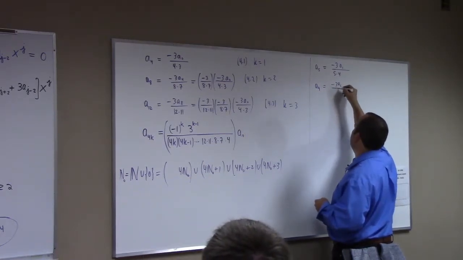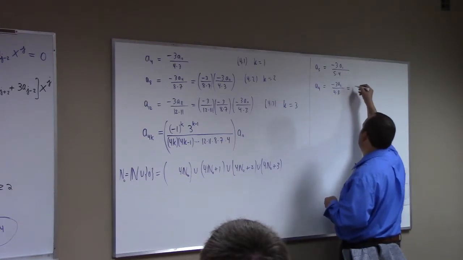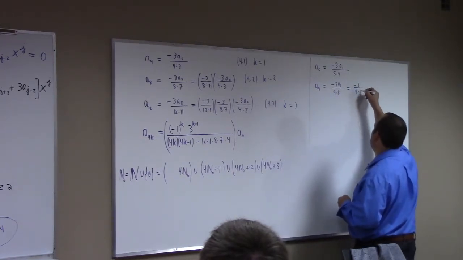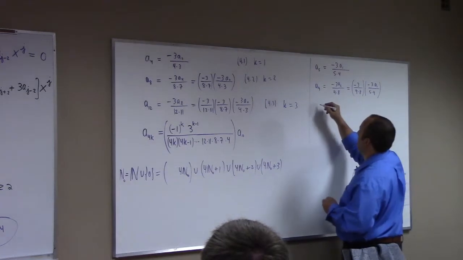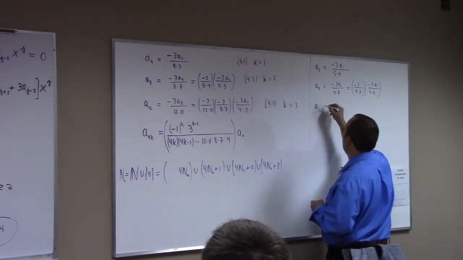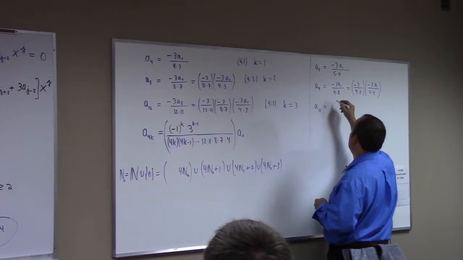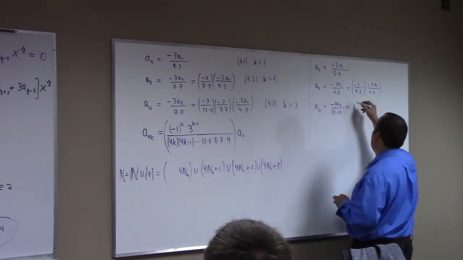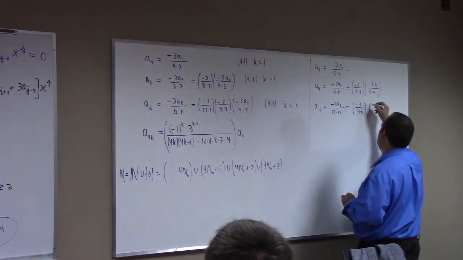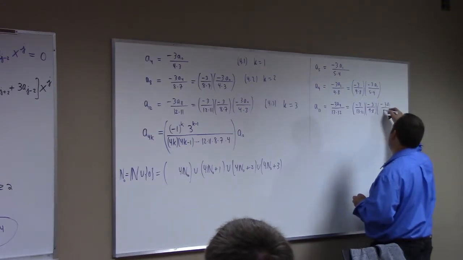Minus 3 a sub 5 over 9 times 8, which is minus 3 over 9 times 8 times minus 3 a sub 1 over 5 times 4. And then what's a sub 13? It's minus 3 a sub 9 divided by 13 times 12, which when we plug in the previous one, we've got minus 3 over 13 times 12 times minus 3 over 9 times 8 times minus 3 a sub 1 over 5 times 4.